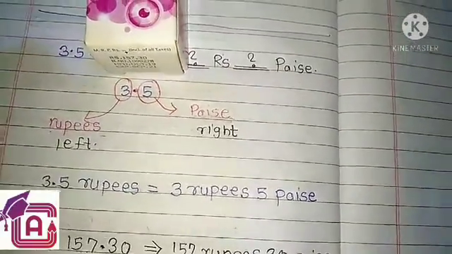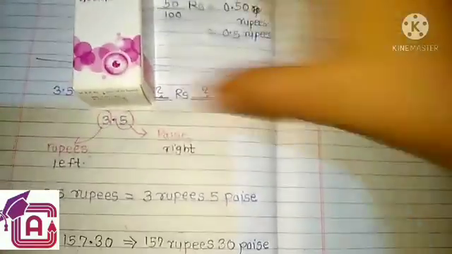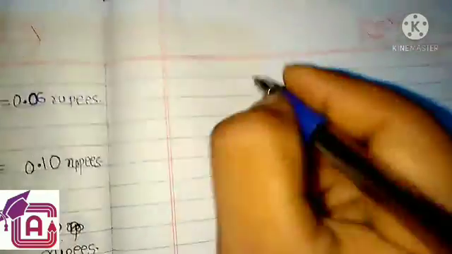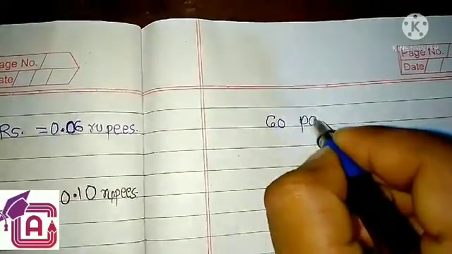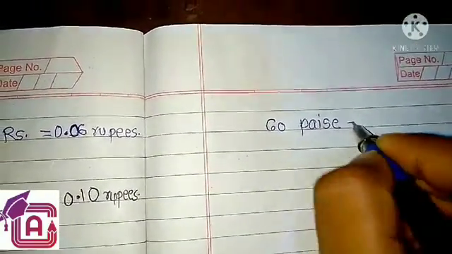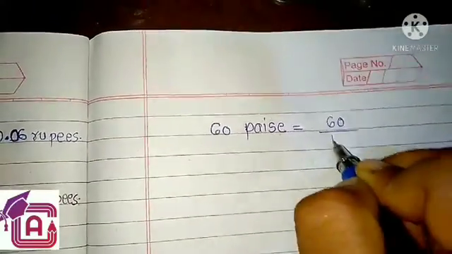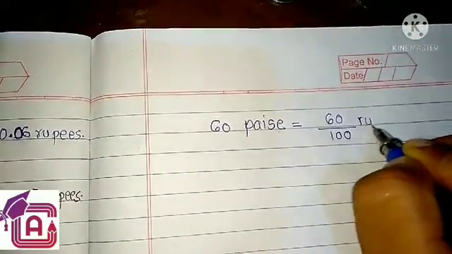So tell me, I am taking another example about this. If 60 paise is given to us, how many rupees is it, and how can we write it in rupees? 60 upon 100. Out of 100 we are taking 60 parts in rupees.